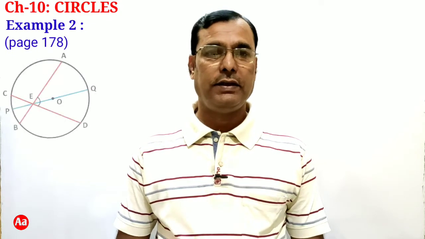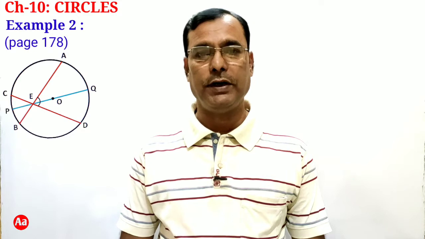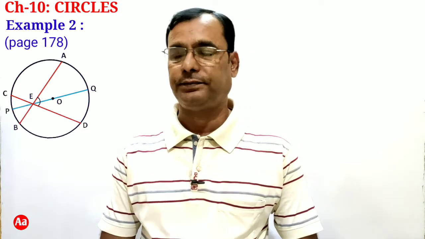Now let's see example 2 on page number 178. If two intersecting chords of a circle make equal angles with the diameter passing through their point of intersection, then prove that chords are equal.